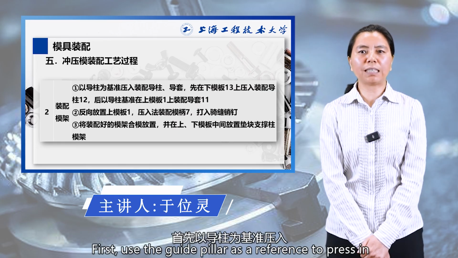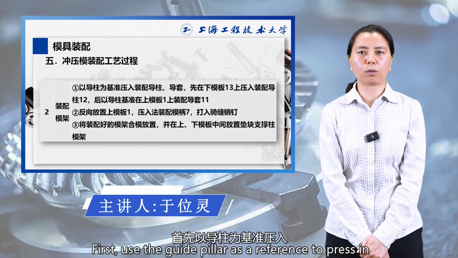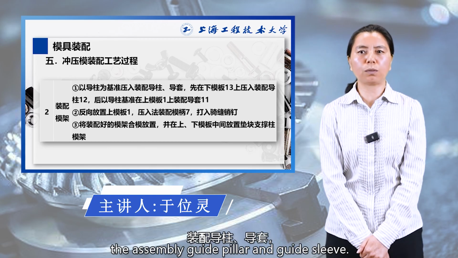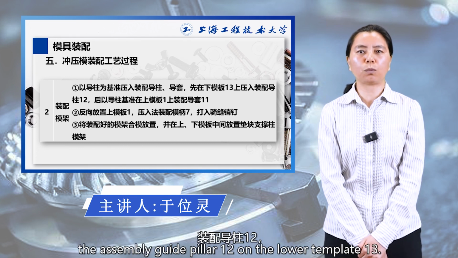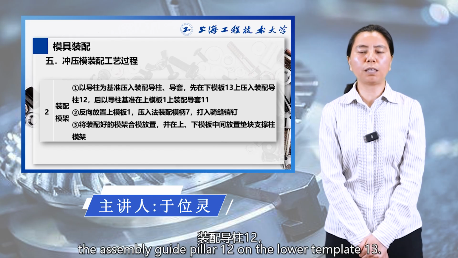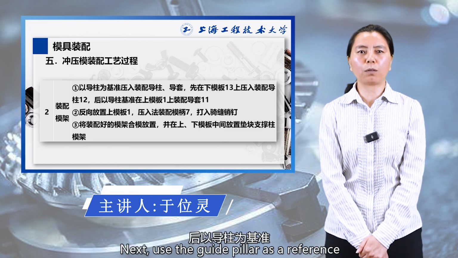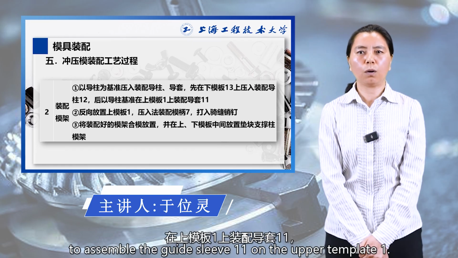First, use the guide pillar as a reference to press in the assembly guide pillar and guide sleeve. Then, use the guide pillar as a reference to press in the assembly guide pillar on the lower template 13. Next, use the guide pillar as a reference to assemble the guide sleeve 11 on the upper template 1.